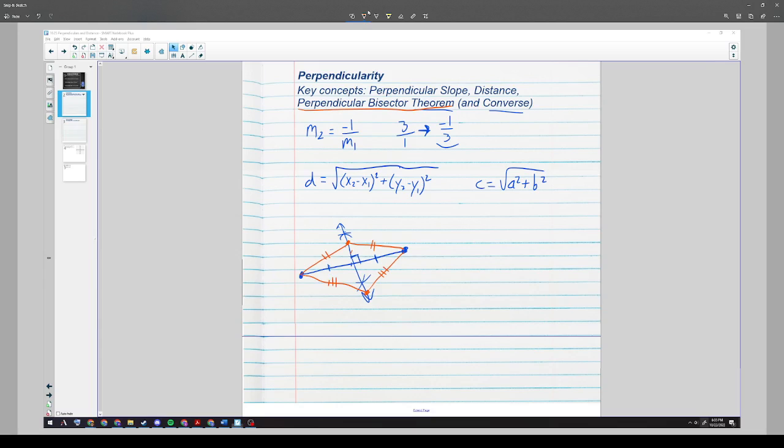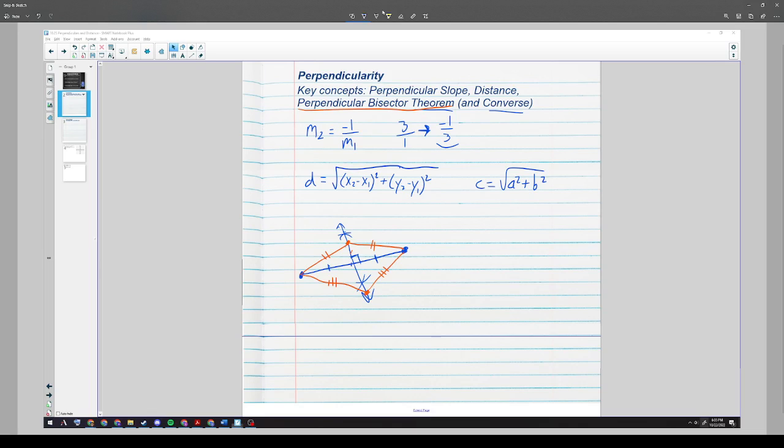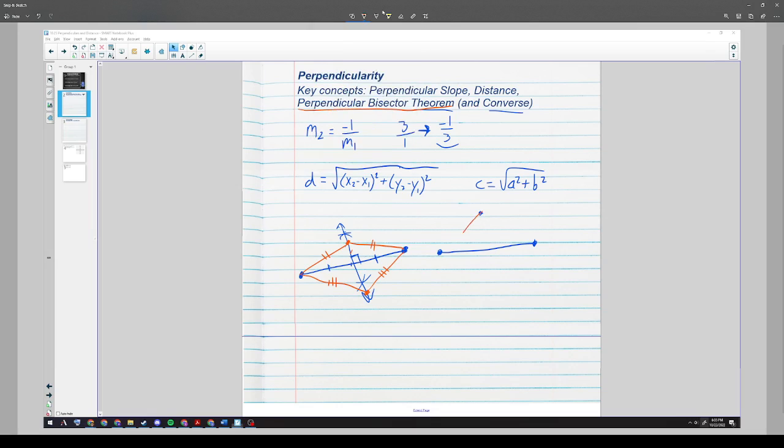The opposite way around is, you might guess, going to tell us that a point is on the bisector. So if I have a segment, and I have some point out in space, or on the plane, and I measure and find that the distance is the same to each endpoint of that segment, then I can say that this point lies on the perpendicular bisector.